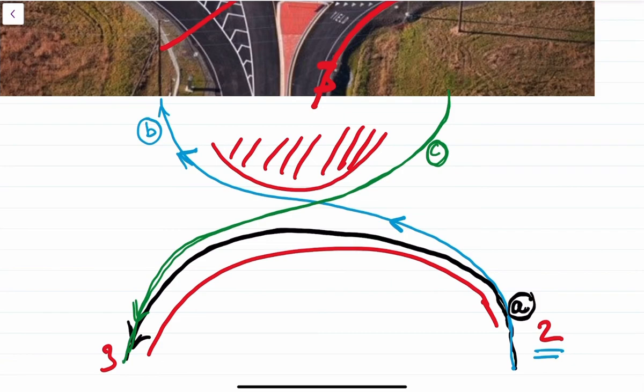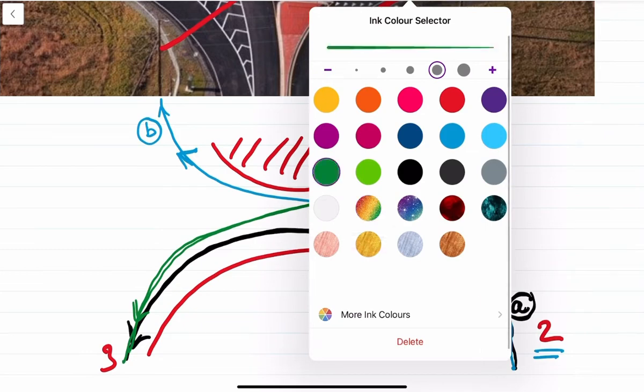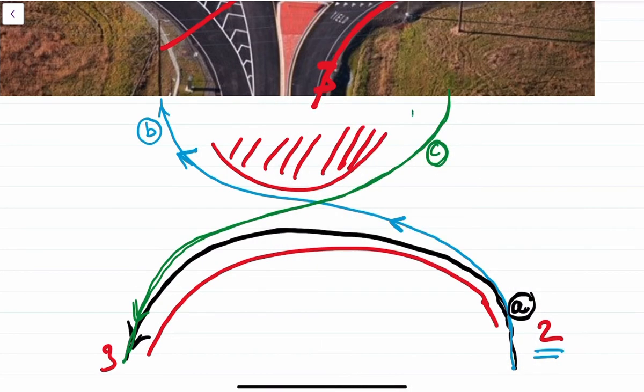And then there will be traffic that is neither coming from 2, nor going to 3, but is using this weaving section to reach the respective leg. So that is what we call the D, right?